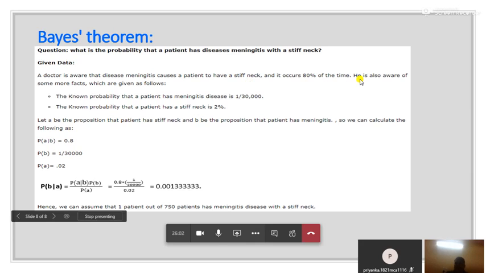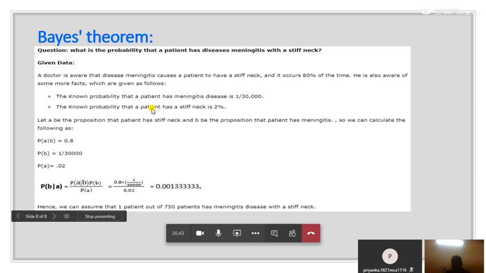He is also aware of some more facts, which are given as follows. The known probability that a patient has meningitis disease is 1 upon 30,000. So the probability that the patient is suffering from meningitis is 1 upon 30,000. Second, the known probability that a patient has a stiff neck is 2%.